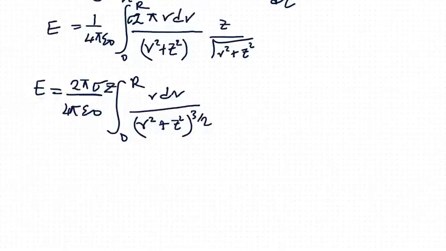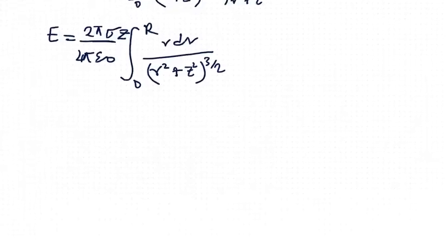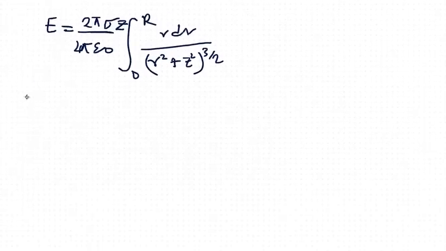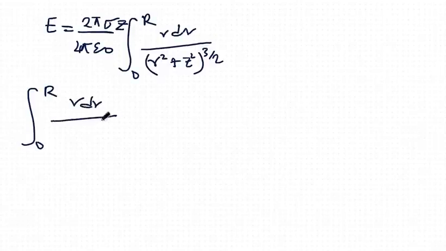So, taking the integral out, the integral from 0 to r of r dr divided by r squared plus z squared to the power 3 over 2.